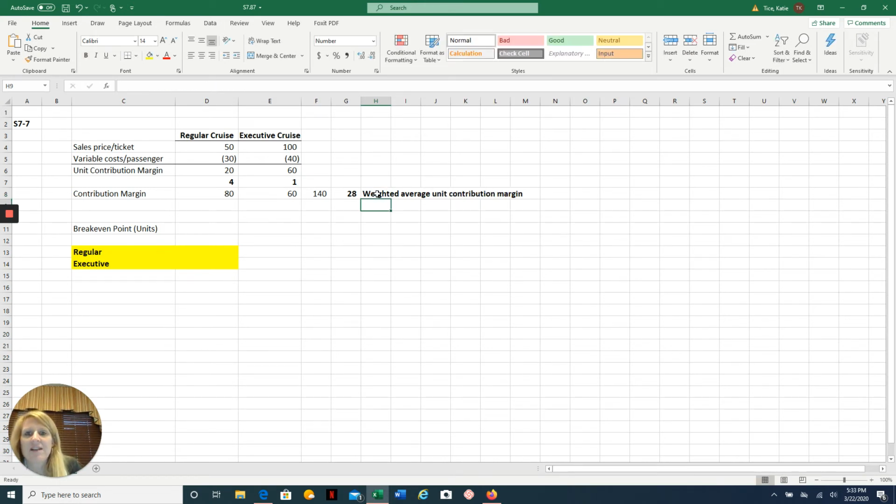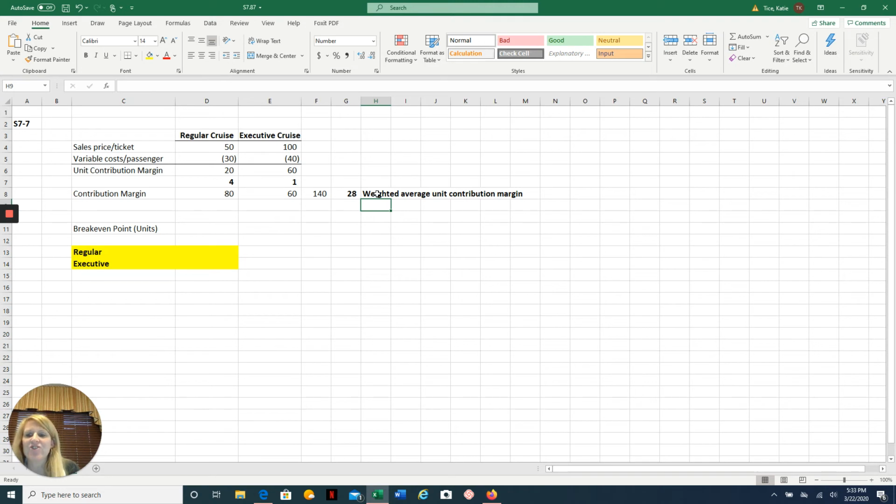Okay, so anytime you have a sales mix problem, that would be step 1. Then in step 2, the problem is typically asking you for either the break-even point or sales in units needed to achieve a certain target profit.